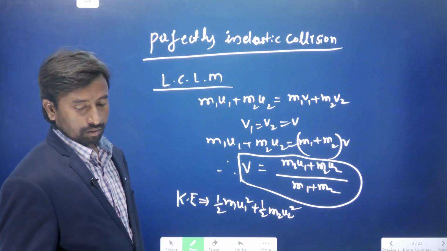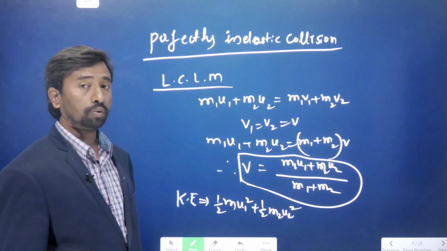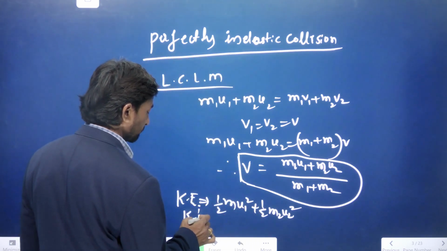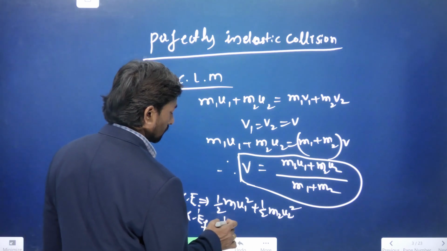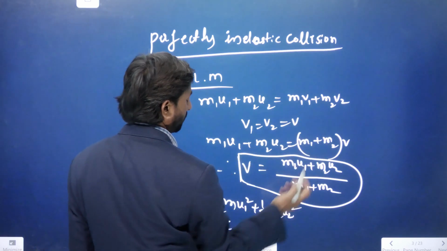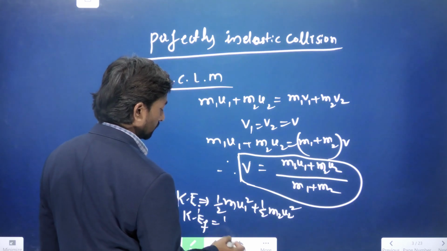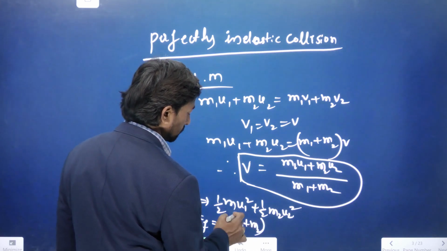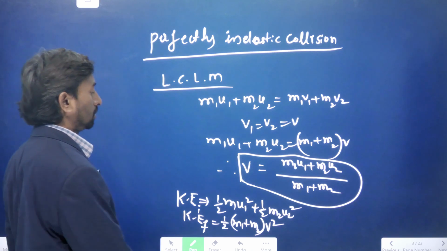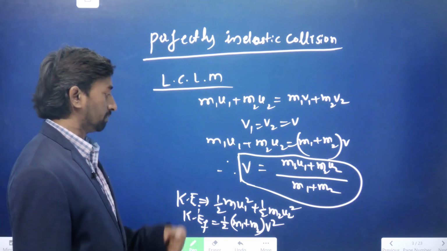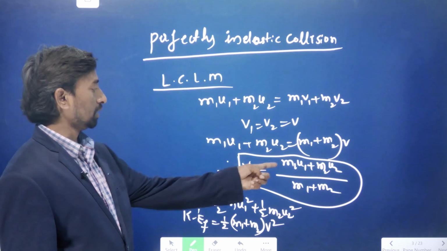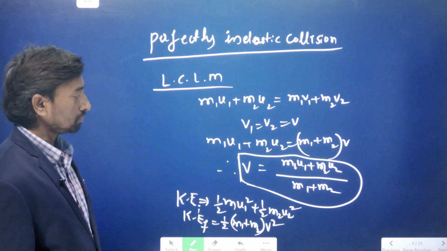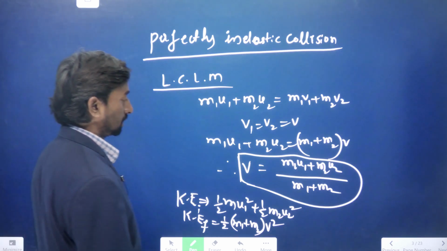After the collision, the final kinetic energy is half into m1 plus m2, since they are moving with the common velocity, so the mass of the body is m1 plus m2, into v square. This will be the final kinetic energy. Now we have the value of v, so if you substitute it, we'll get that equation.